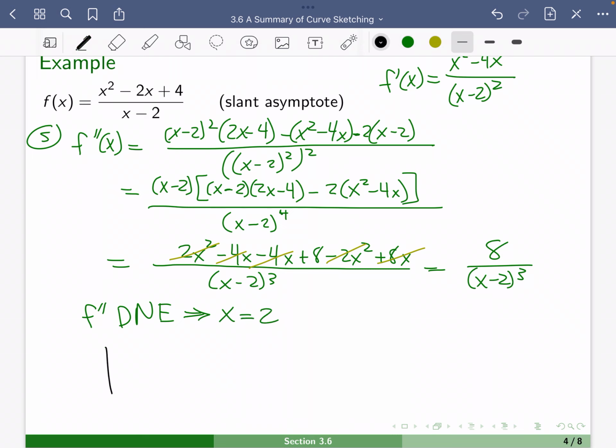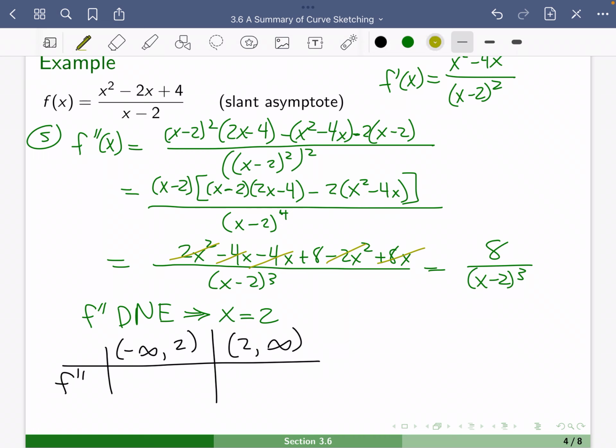It's never equal to 0, so for our sign chart for our second derivative, we're going to go from negative infinity to 2, and we will go from 2 to infinity.